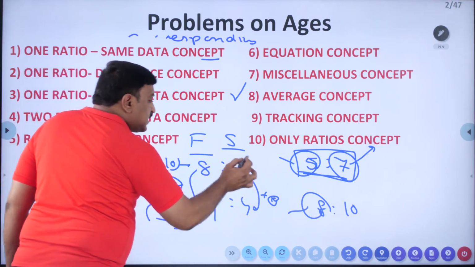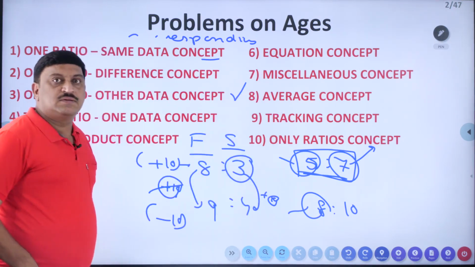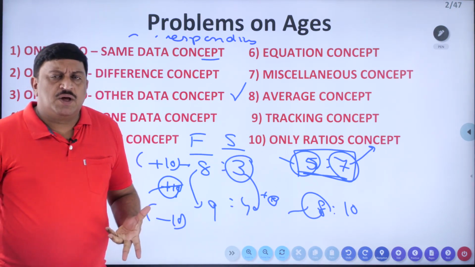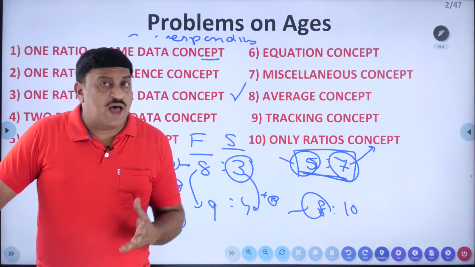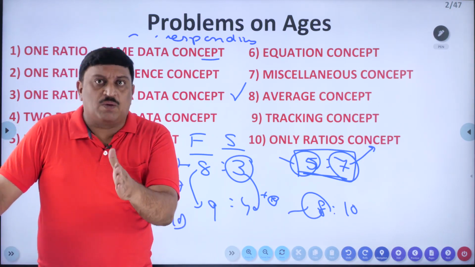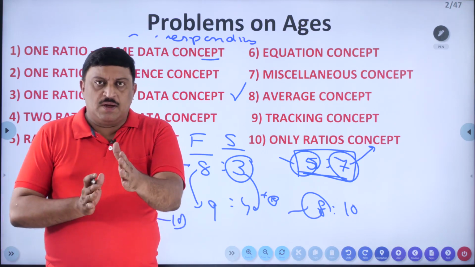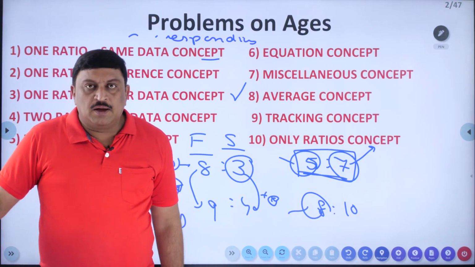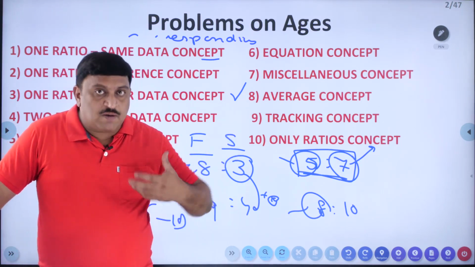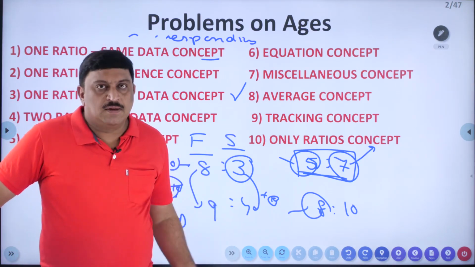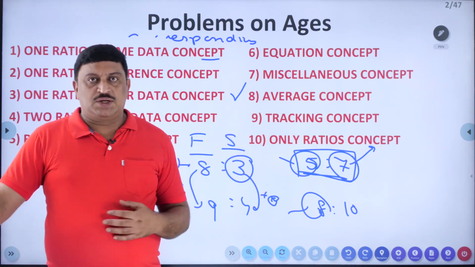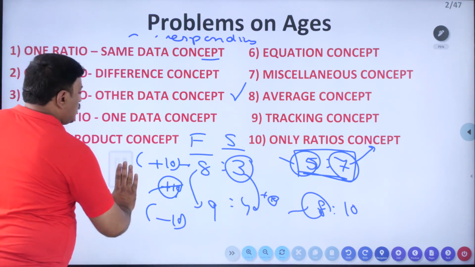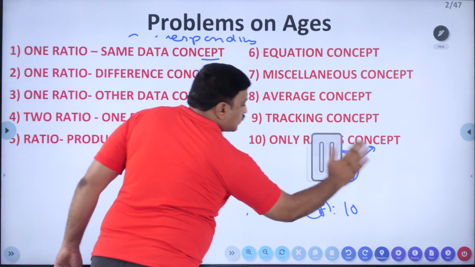They may ask the son's age after 15 years. For each and every question, you should be in a position to give the answer with one basic concept only, that is nothing but the balancing technique, right? We'll learn that in detail in the subsequent discussion.